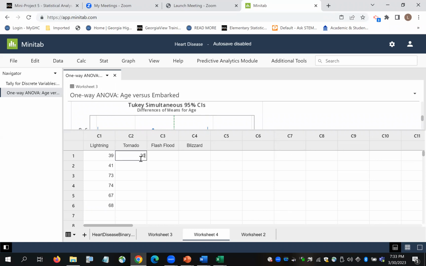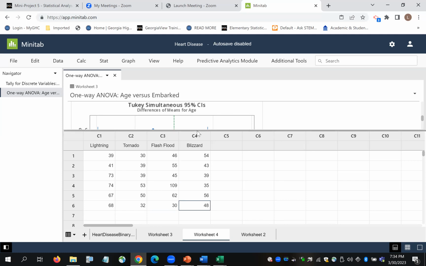Then I do it again for tornado. Then we do flash flood, and then we do blizzard. Okay, so I basically have taken the table that we were given in the problem and entered it into Minitab.